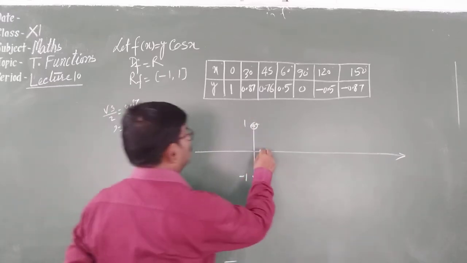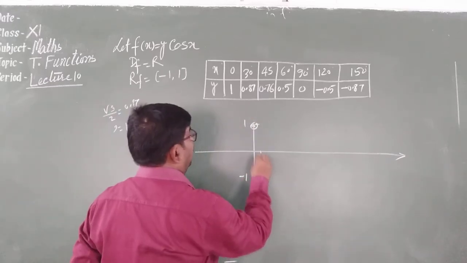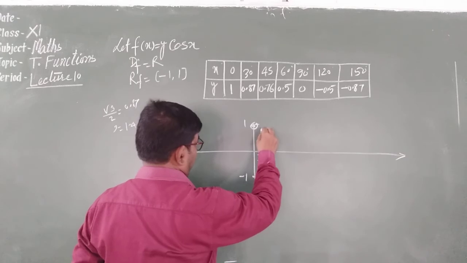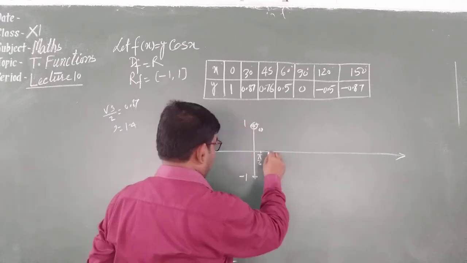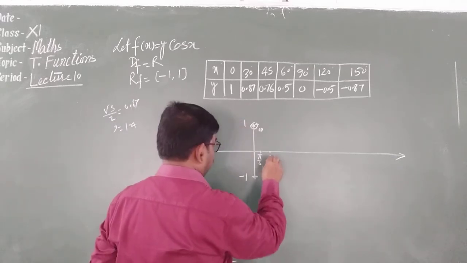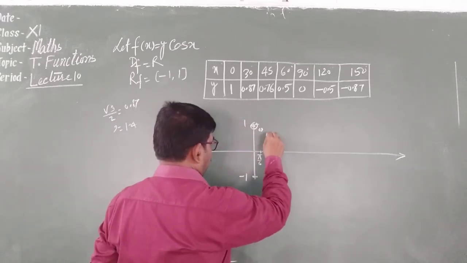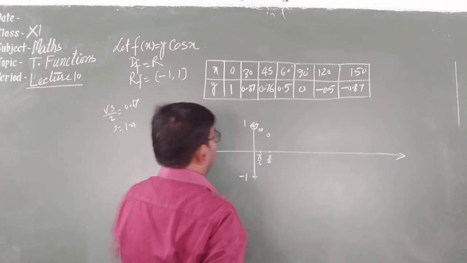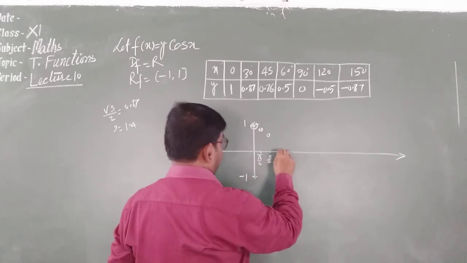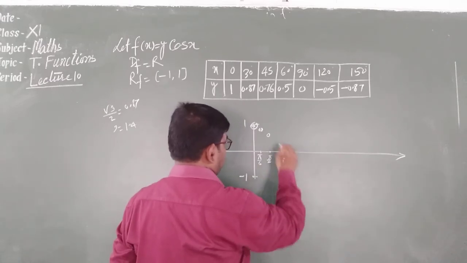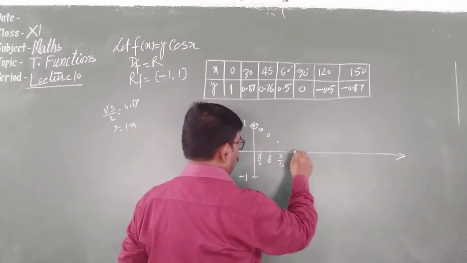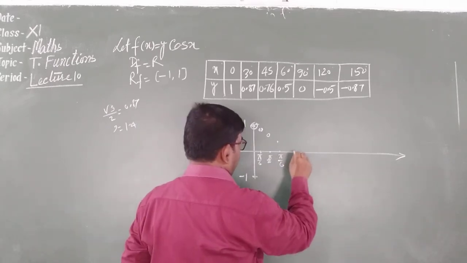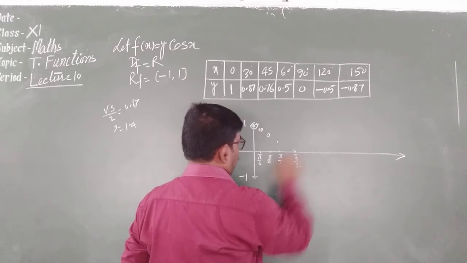Then 30 degrees, that is pi by 6, its value is 0.87, maybe here, and then 0.76 at pi by 4, maybe its value is here, then 0.5 at pi by 3, maybe here, and then at pi by 2, its value is 0.